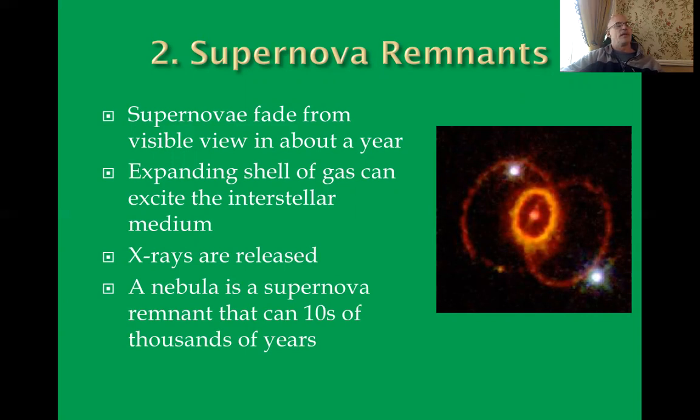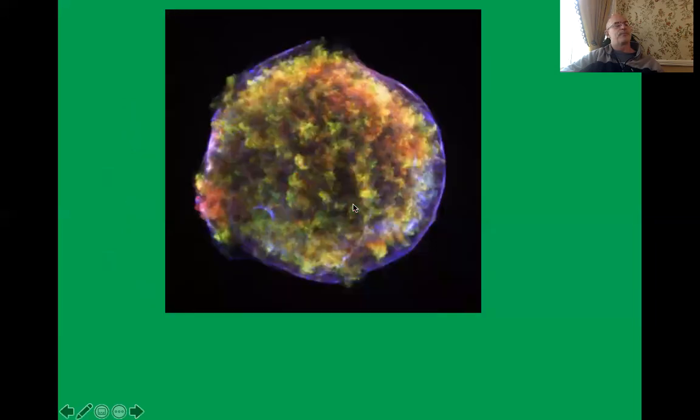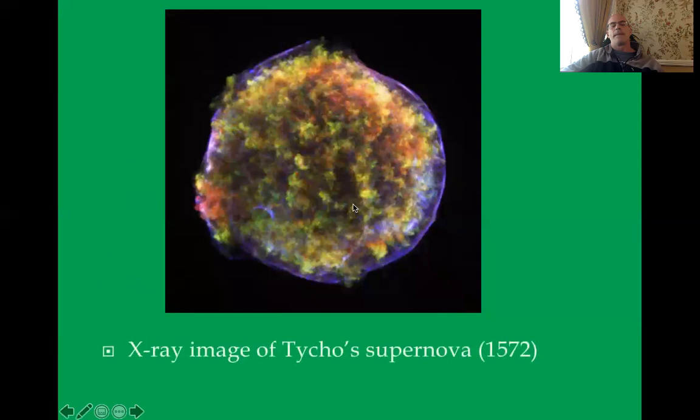We've talked about the Crab Nebula, for example, and we've seen pictures of the Crab Nebula even in the very beginning of this. And I'll show you a couple others. But those are remnants of supernovae. Here is an X-ray image of Tycho's supernova. Tycho's supernova, remember, was in 1572.